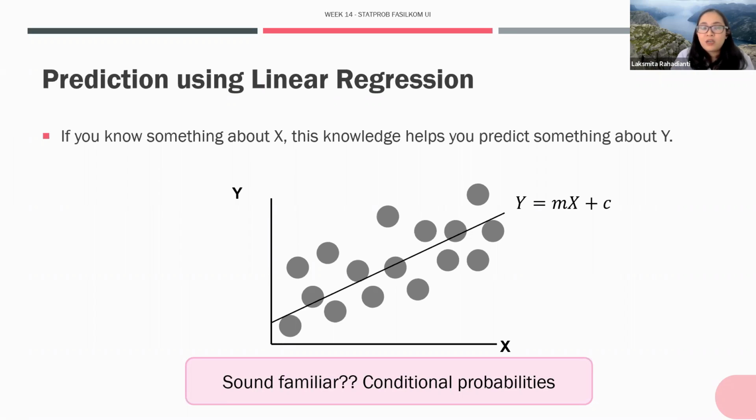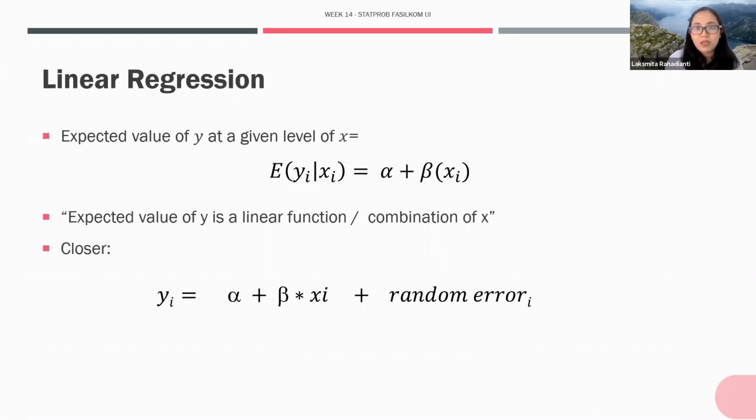So if I would reform this linear equation into something that is modeled statistically, then it's better off for me to model it as the expected value of Y given X. Don't worry, it's the same thing. It is alpha plus beta X. So it's still a multiplier, the gradient, times X, plus the intercept.